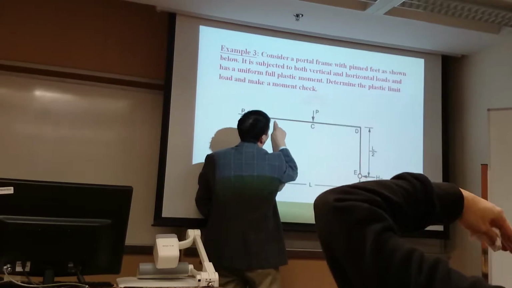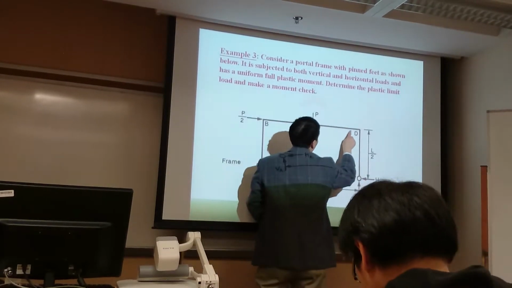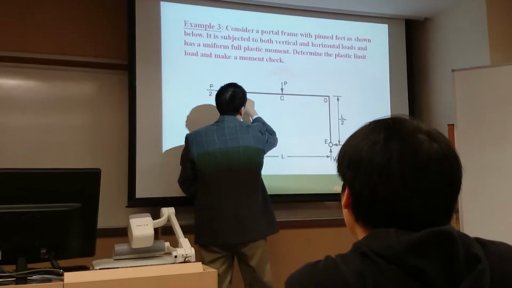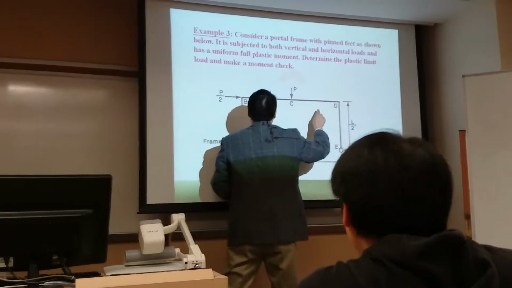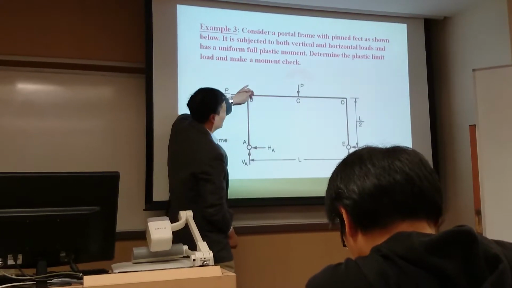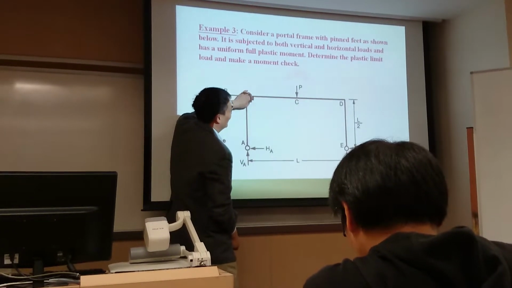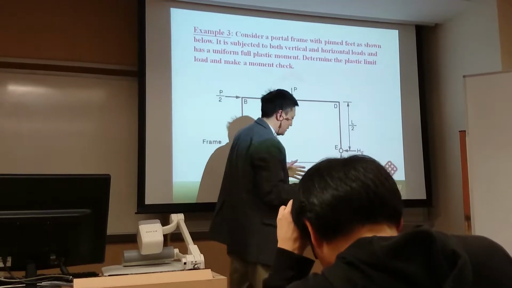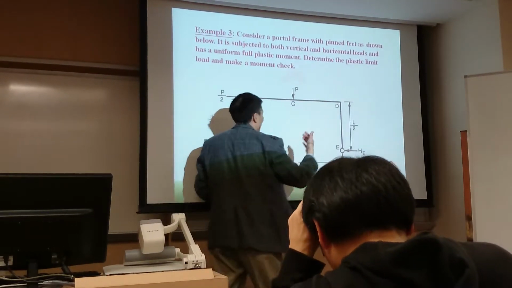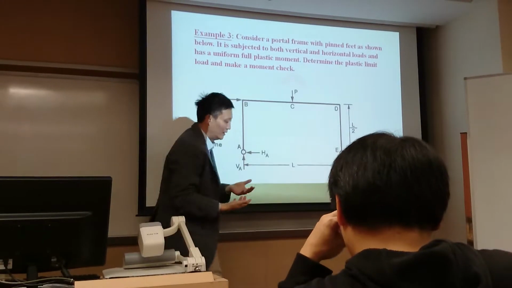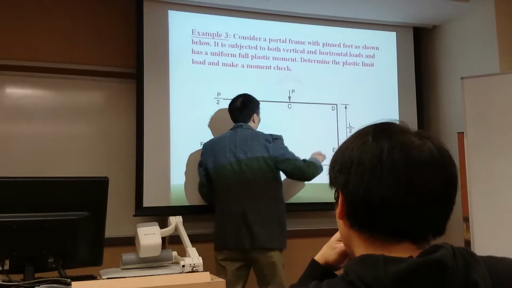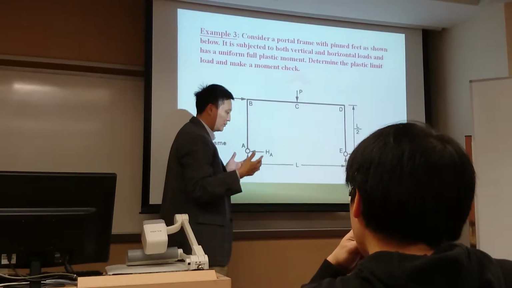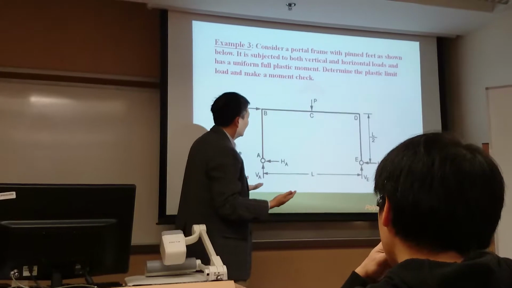So we can introduce a virtual displacement like this. When you have a virtual displacement like this, point B has rotation, and this is the plastic hinge, and here is also a plastic hinge. So the rotation for these two points is allowable. But for the virtual displacement, we still have to introduce a sign convention, because for the moment we already use a sign convention.